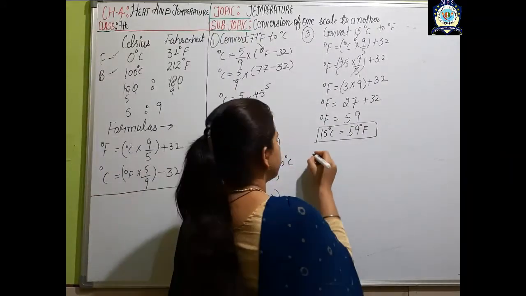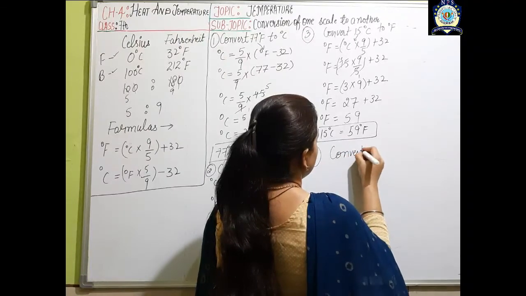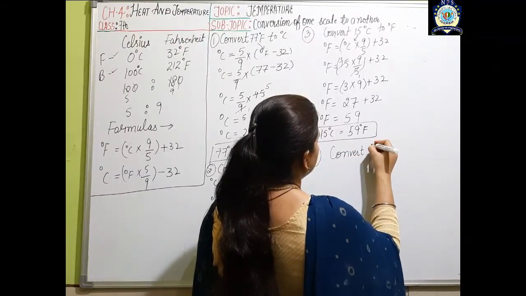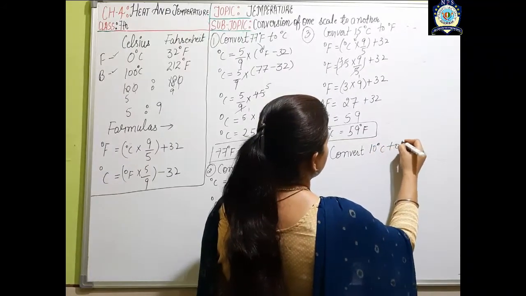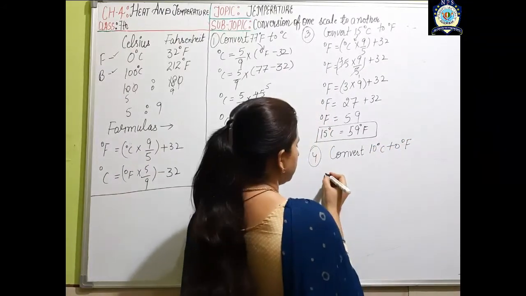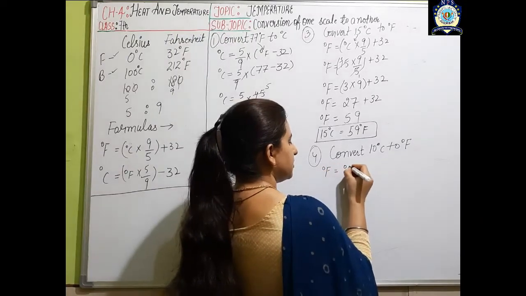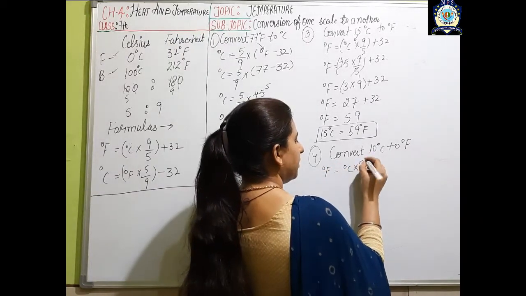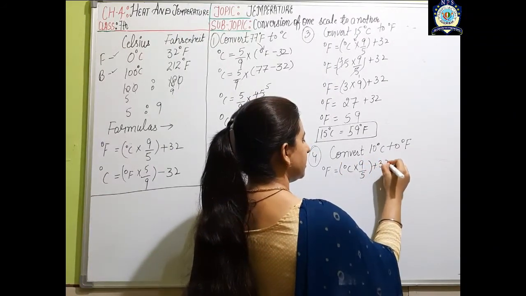Let's take one more example. Convert 10 degree Celsius to degree Fahrenheit. Now what will we do? We will write the formula first of degree Fahrenheit, that is degree Celsius multiplied by 9 by 5 in bracket plus 32.